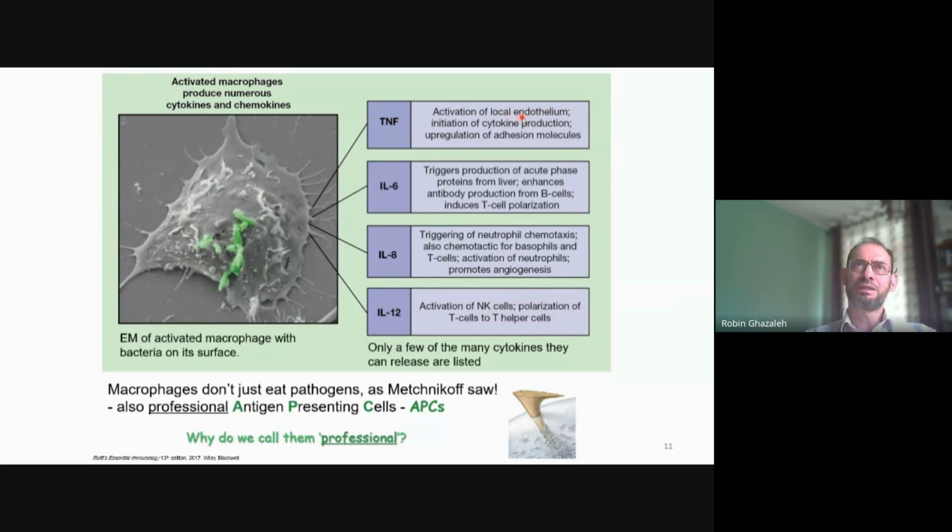Endothelium is a type of epithelium that lines the blood vessels. So you can imagine now why it's important to activate this local endothelium, to give out a signal telling all these leukocytes which are swimming through.